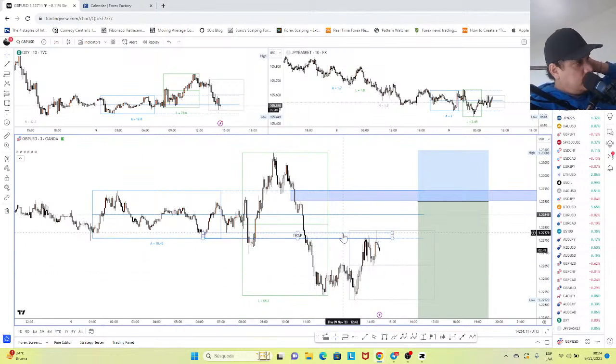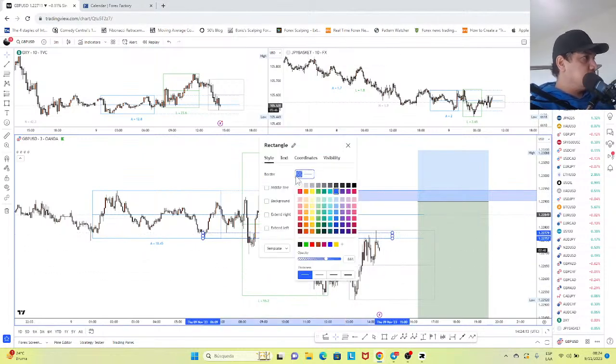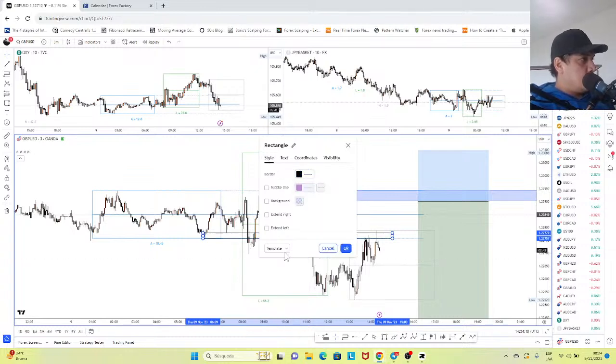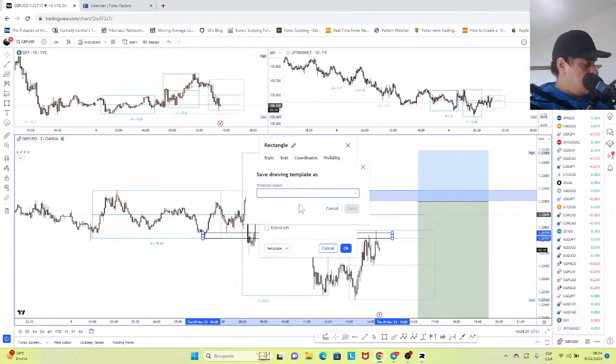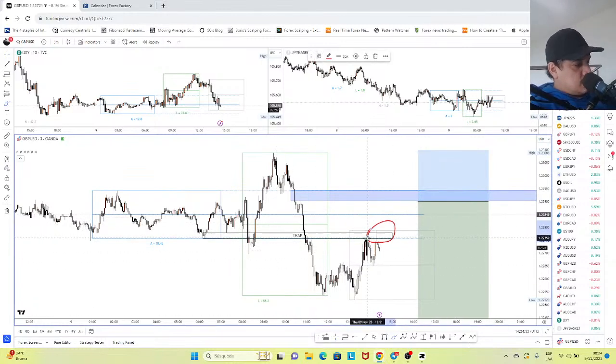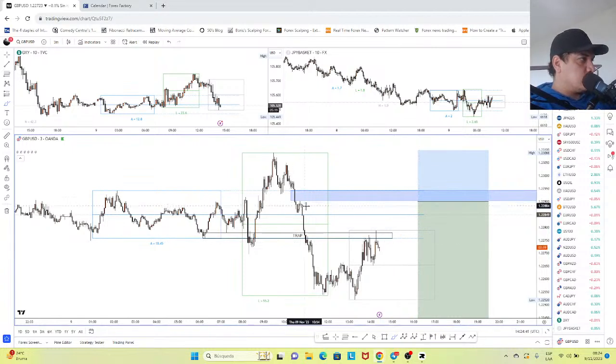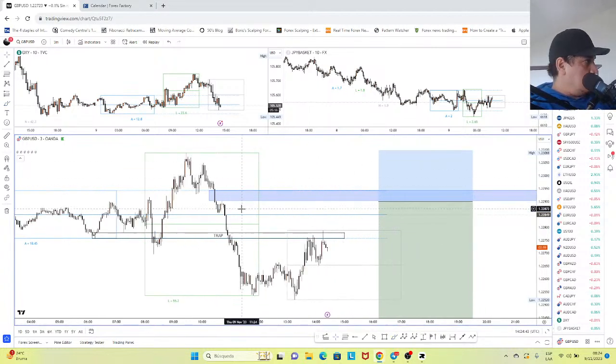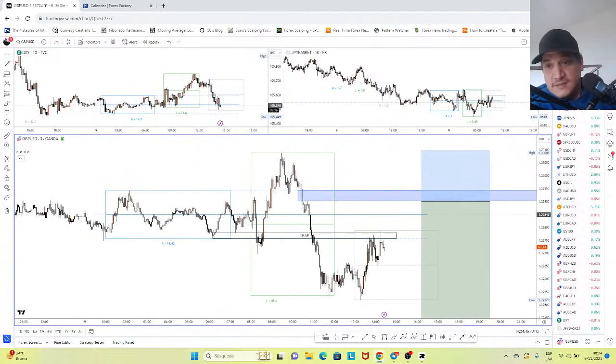That's the trap. Then I want the liquidation of these weak short players here, trying to get in short at the retest of the previous broken lows. And like this, bam. And that's it.